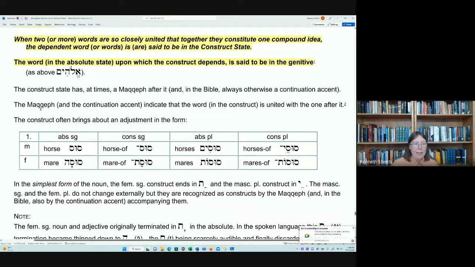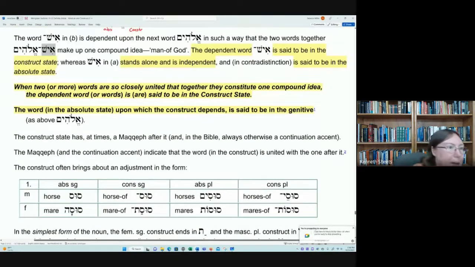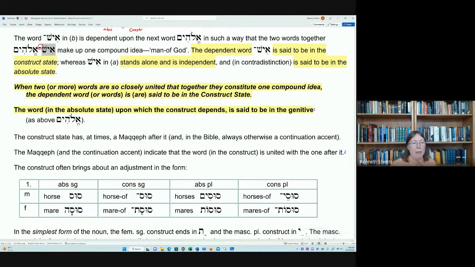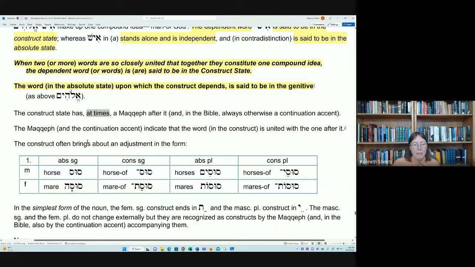The construct state has, at times, a maqqef after it. That is going to be this little binder right there. So that may be there, it may not be there. It is there at times. And in the Bible, always there is otherwise a continuation accent. The maqqef and the continuation accent indicate that the word in the construct is united with the word after it.